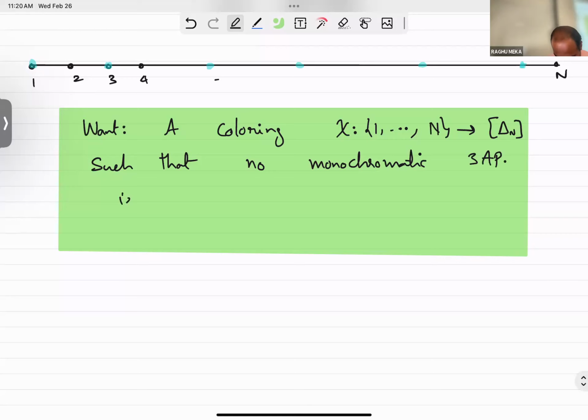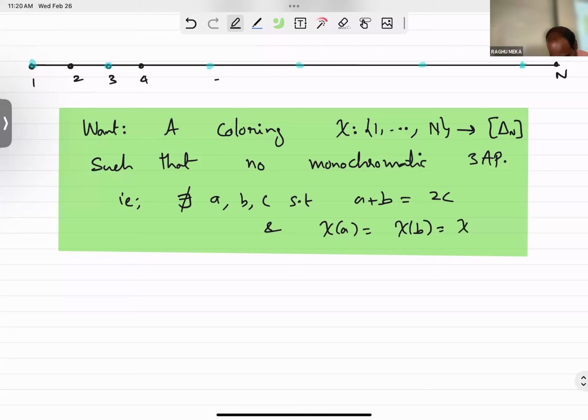That is, there do not exist A, B, C such that A plus B equals 2C and chi of A equals chi of B equals chi of C. Like these blue colored points, they're all of the same color, but we know that there are no points A, B, C with A plus B equals 2C. Okay, so at least we found one color class.